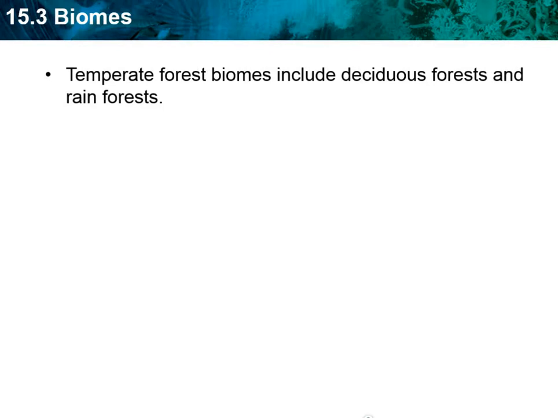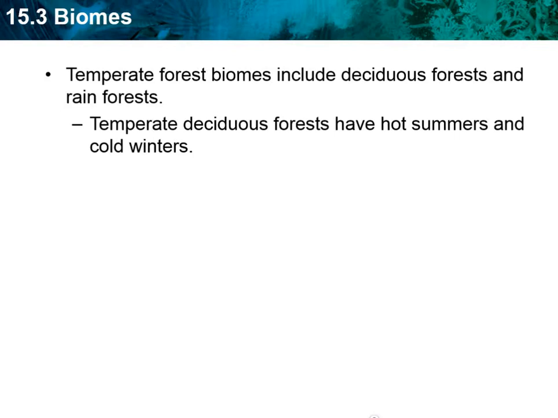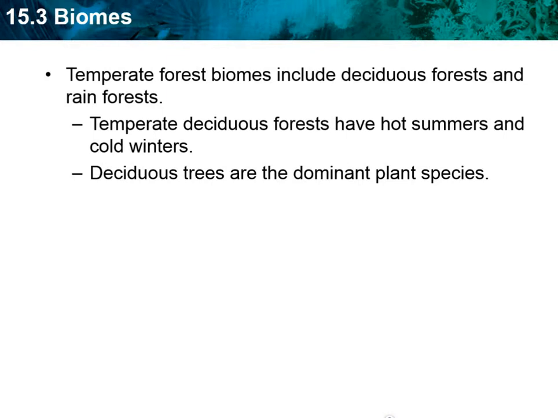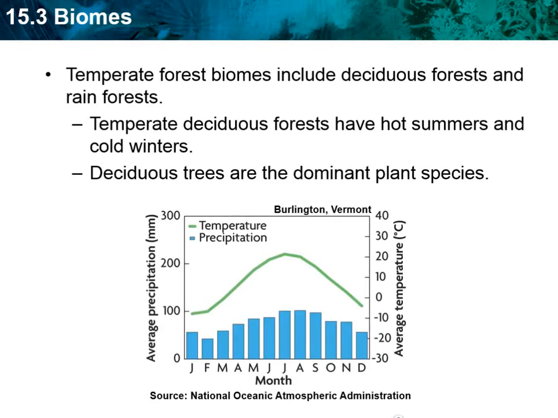So the temperate forest biome includes deciduous forest and some rainforest. We live in the temperate deciduous forest biome. The temperate deciduous forests have hot summers and cold winters. Deciduous trees are the dominant plant species, so deciduous means that it's going to be trees that lose their leaves.